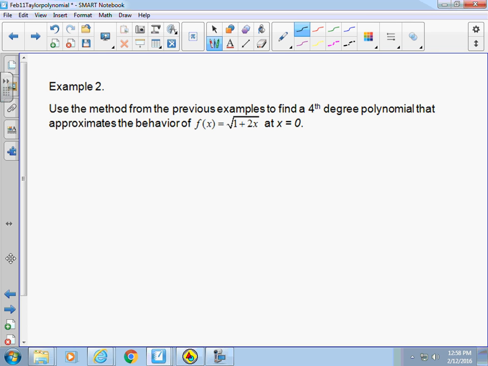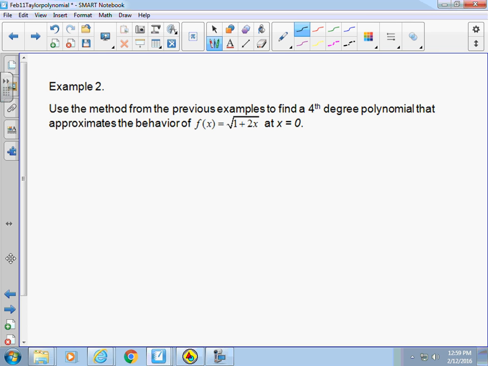Use the method from the previous example to do the same thing for this function. So Joseph, this is kind of what your brain was doing. You were finding successive derivatives. Yep, but you had to go back to find the.